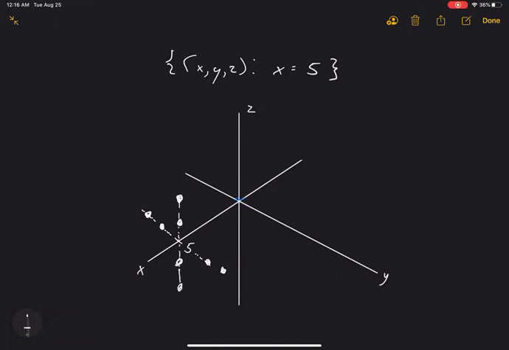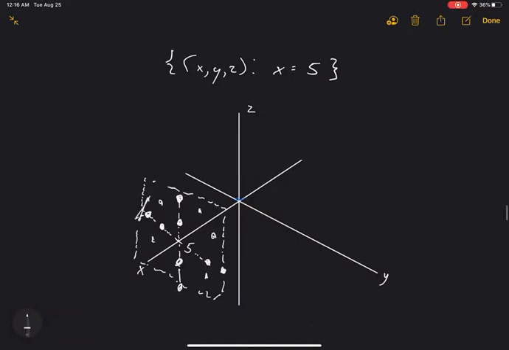So what does this give me? This gives me a plane. Think about the plane formed by these axes I've just made, going off in all directions. All these points on this plane have x coordinate 5.